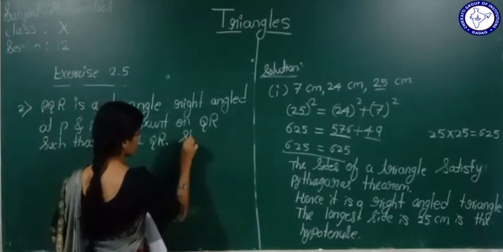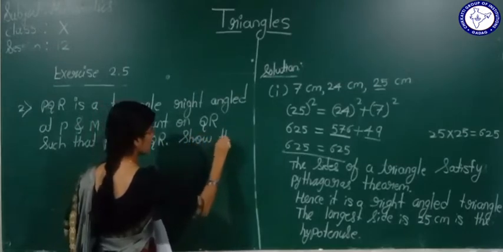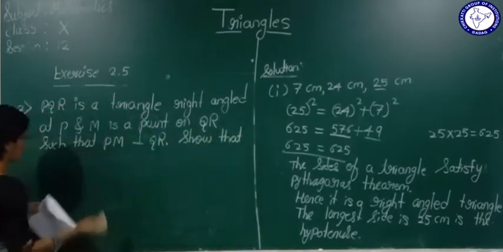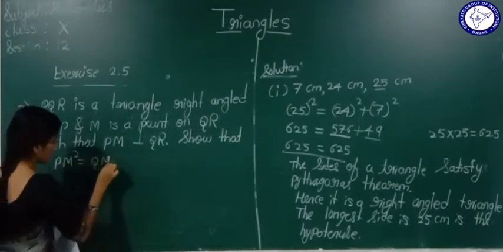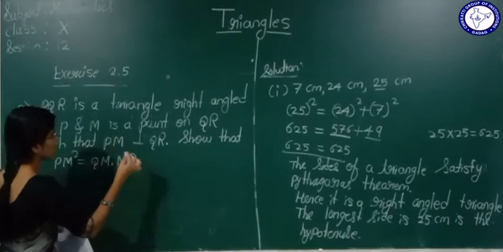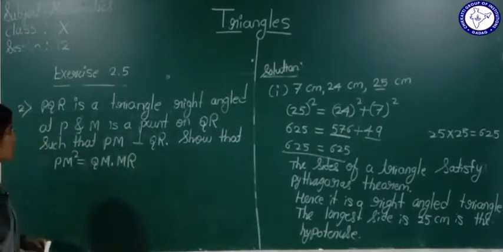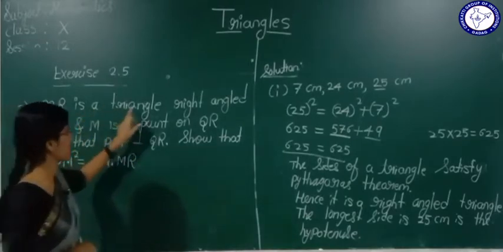Show that PM square is equal to QM into MR.